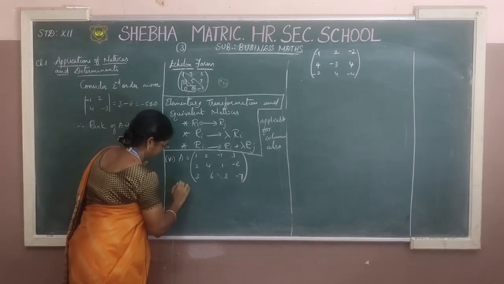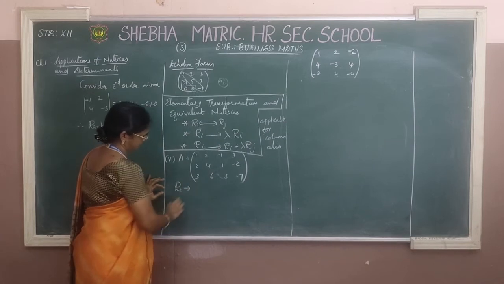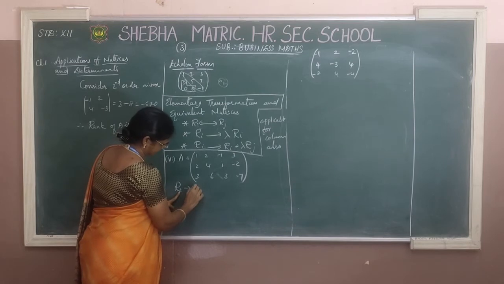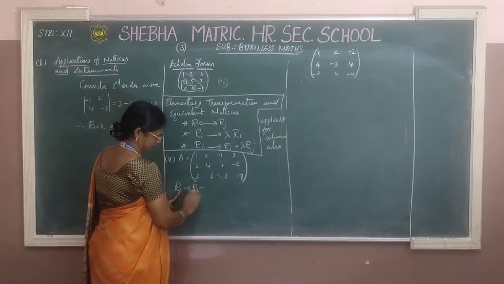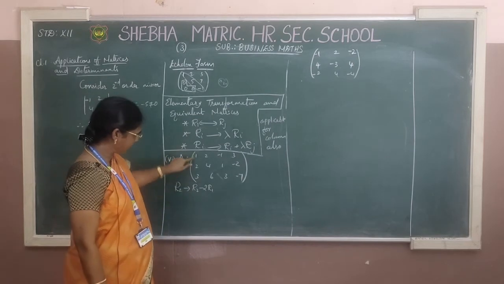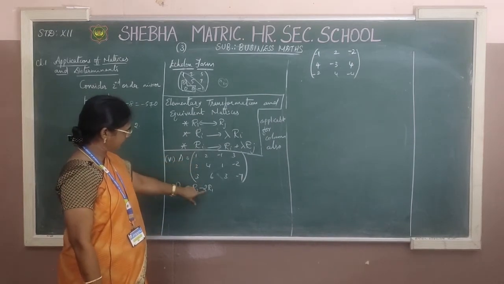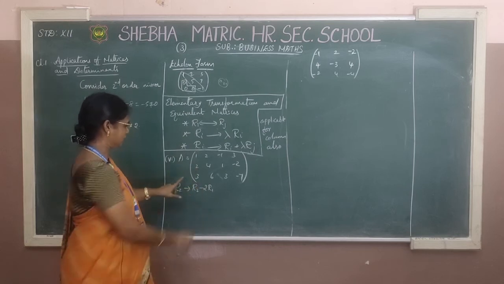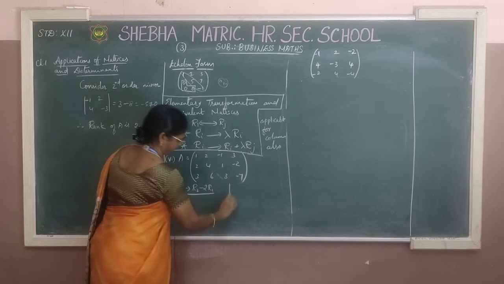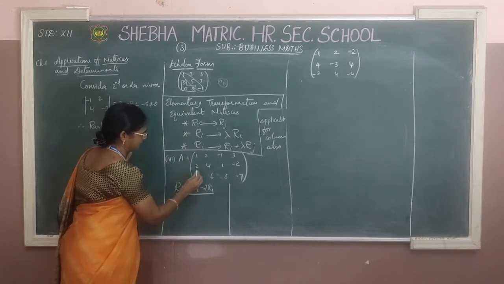How to make this equal to 0? Listen, first R2. We have to change the R2 into R2 minus 2 into R1. Listen carefully. If you multiply the first row by 2, we get 2, and then subtract from this, we get 0, isn't it? 2 minus 2 is 0. So, likewise, we have to do all the elements. Okay, first element is what?